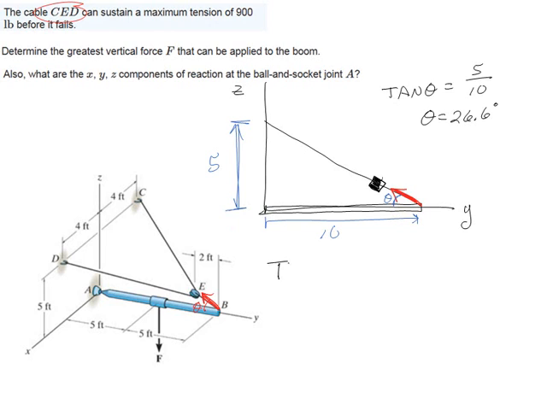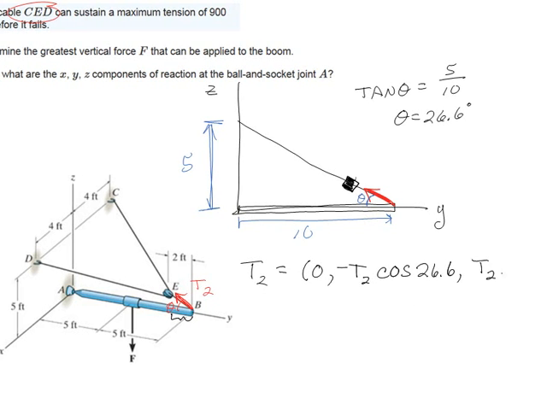So I can say that T2, which is what I'm going to call this guy here, is given by nothing in the x, and then along the y, it's going to be T2 cosine theta, and that's in the negative direction, and then in the z direction, it's T2 sine 26.6.